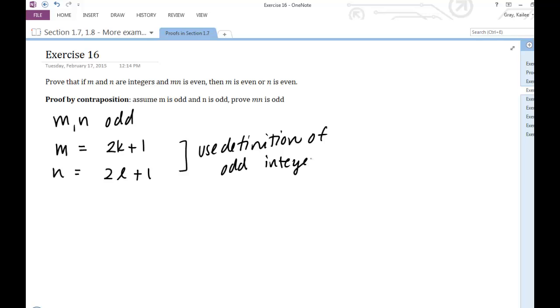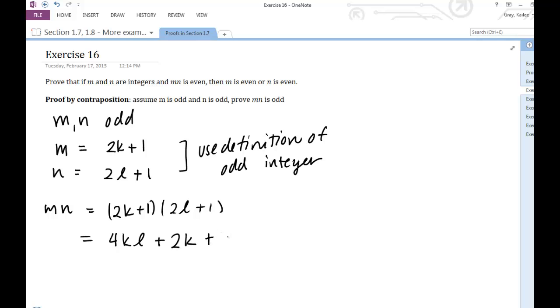And then, once we rewrite that m and n, let's look at the product and see what that gives us. And we're going to see, when we do some algebraic manipulation here, now careful, this is not 4kl plus 1, right? We've got to think about our distributive property here. We have to distribute everything in the left-hand side term to the right-hand side term, and vice versa, right?